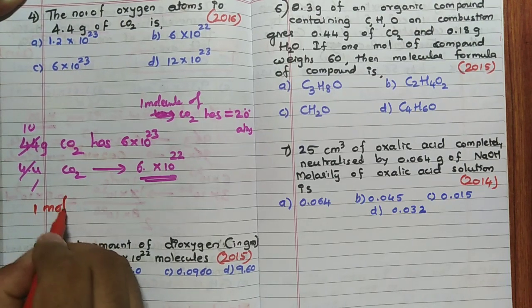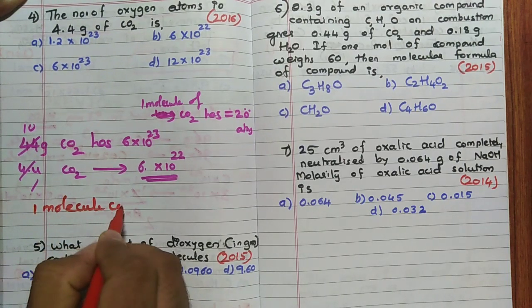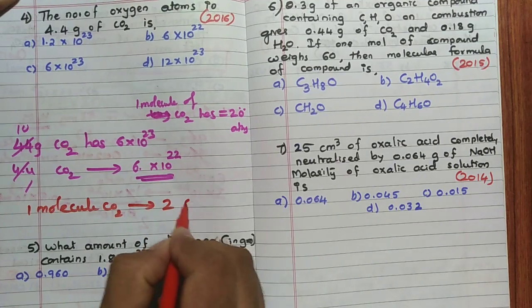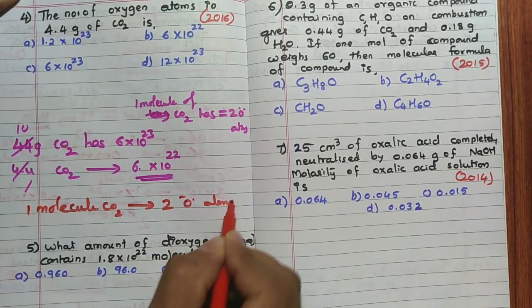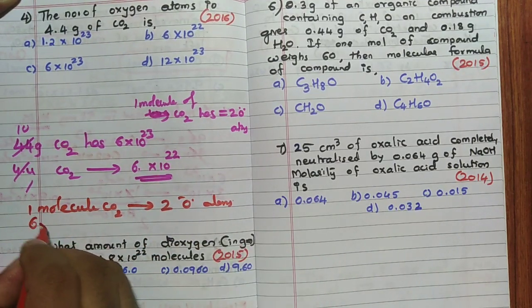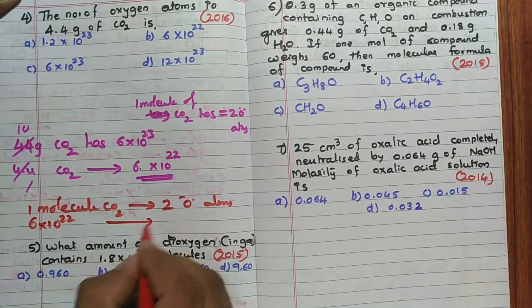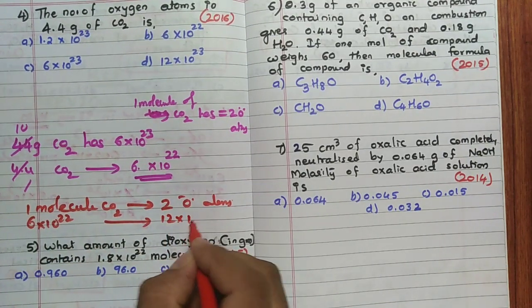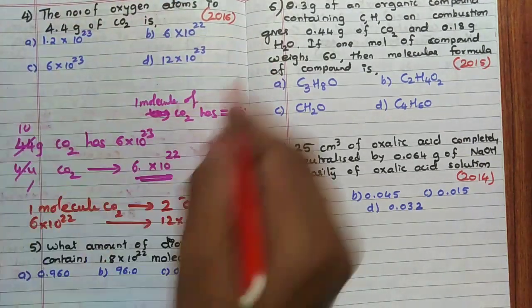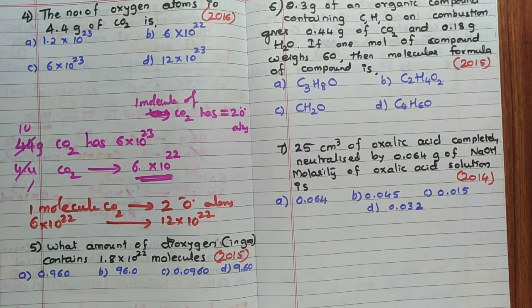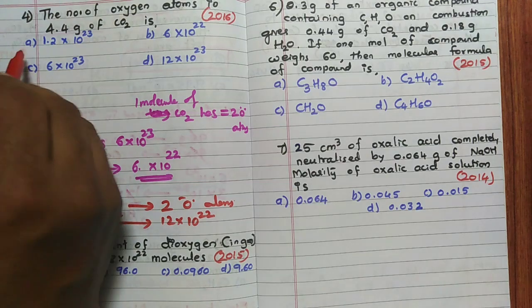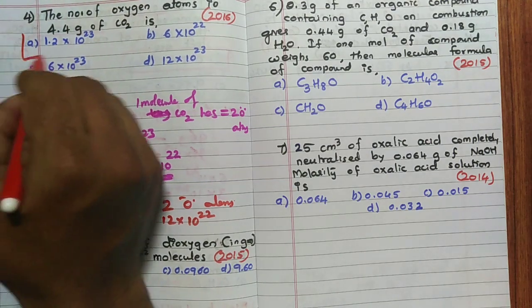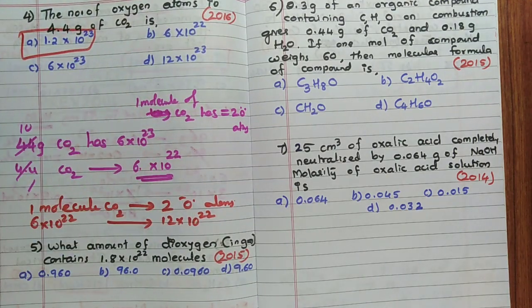One molecule of CO2 has 2 oxygen atoms. So 6 into 10 to the power 22 has how much? 6 twos are 12. So 12 into 10 to the power 22. The option is not given. Correct? But what is given? Instead of that, 1.2 into 10 to the power 23 is given. This is also the correct answer. Right? So this is the answer for this.